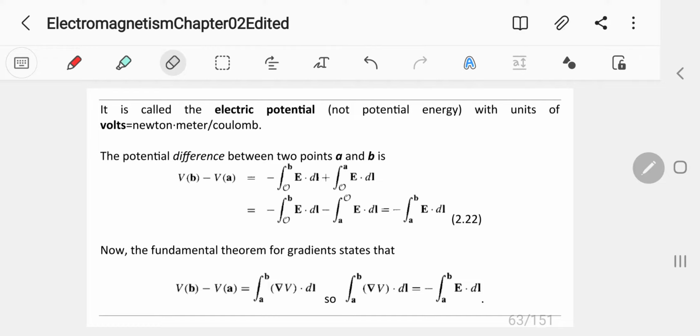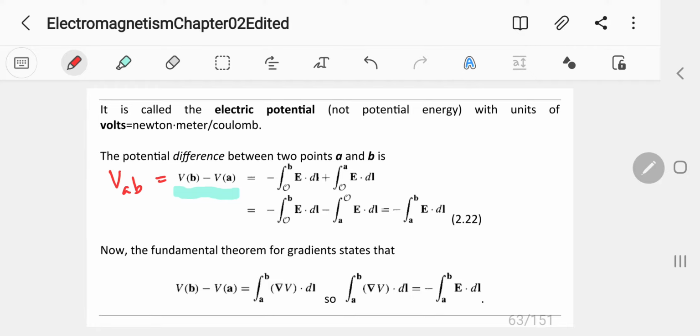If you want to get the potential difference between two points A and B, then you have to do this: the potential of B minus the potential of A, which in basic physics we usually denote with V_AB, the potential difference between points A and B.